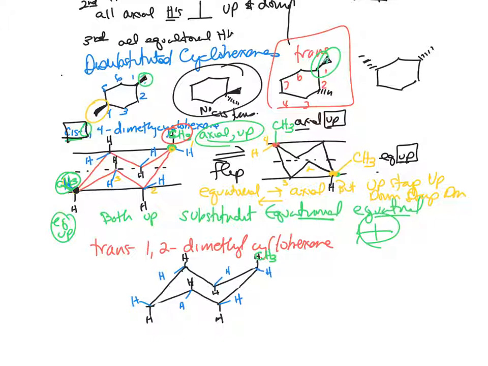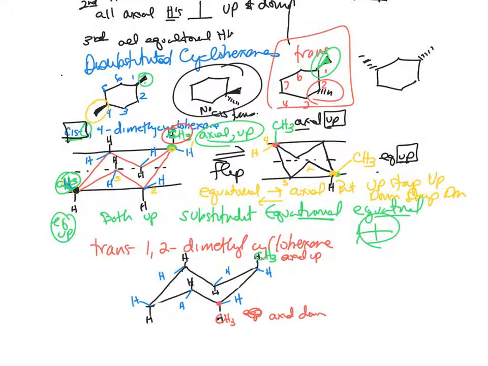So there's your CH3. Okay, and then we'll do this one, 2. So there's 2. And it is trans. So if this is axial up, this has to be down. So this has to be axial down.